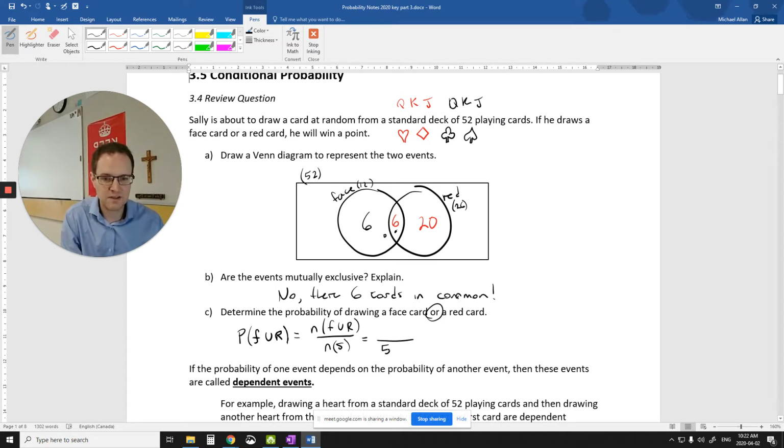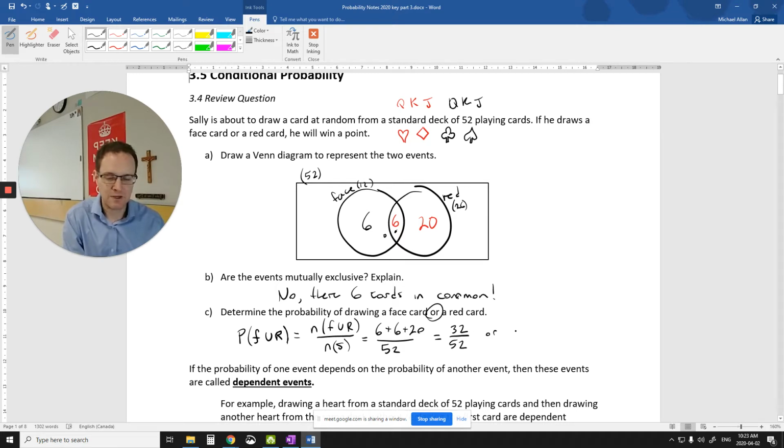I know there are 52 cards. Now for the number in the set, I could just add these boxes up: 6 plus 6 plus 20, and I would get 32. So 32 over 52. I'll simplify this in a bit.